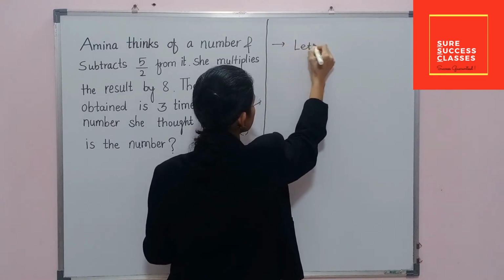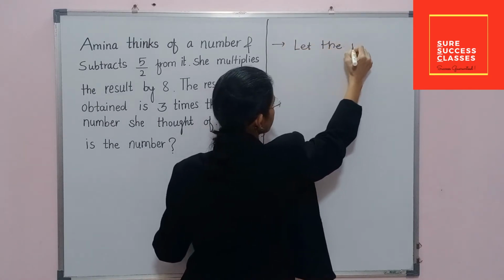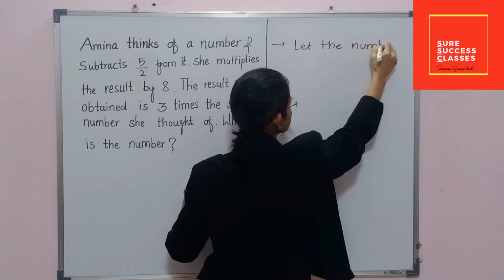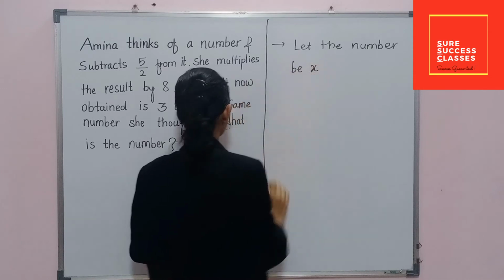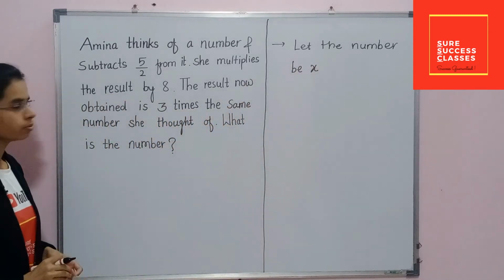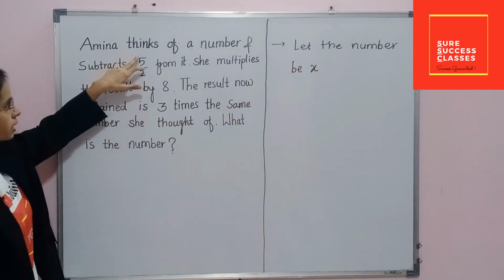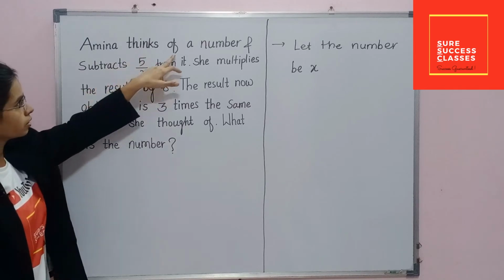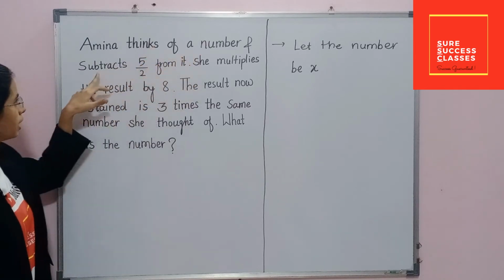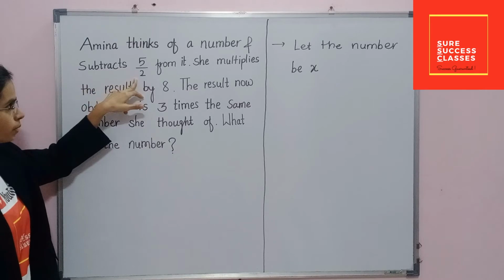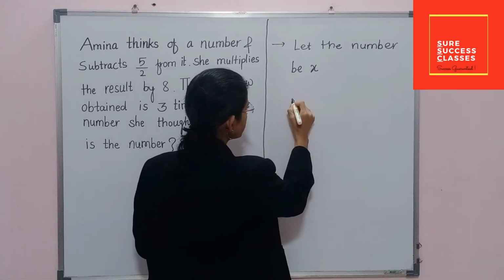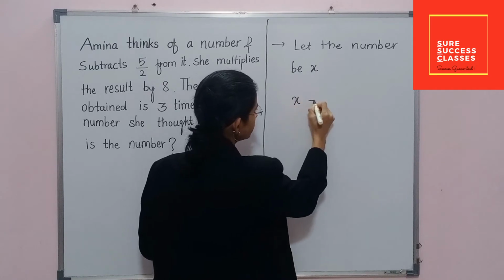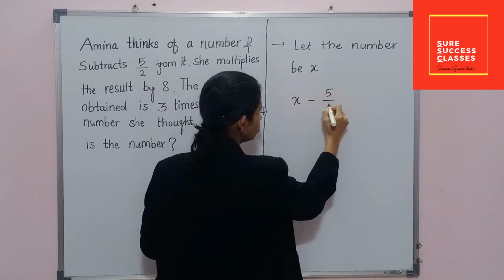Let the number be x. We will go with the first statement: thinks of a number and subtracts 5 by 2 from it. Means from x she subtracted 5 by 2.